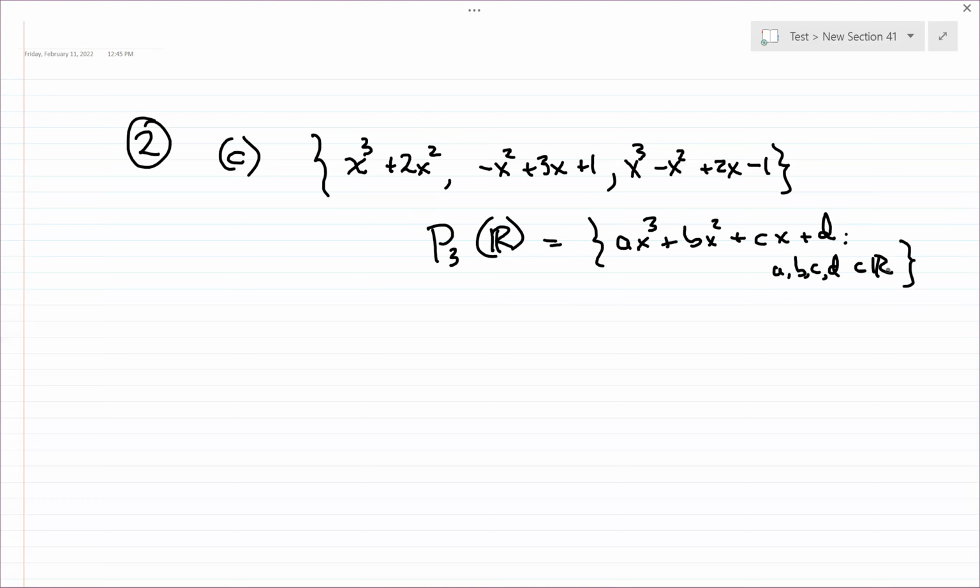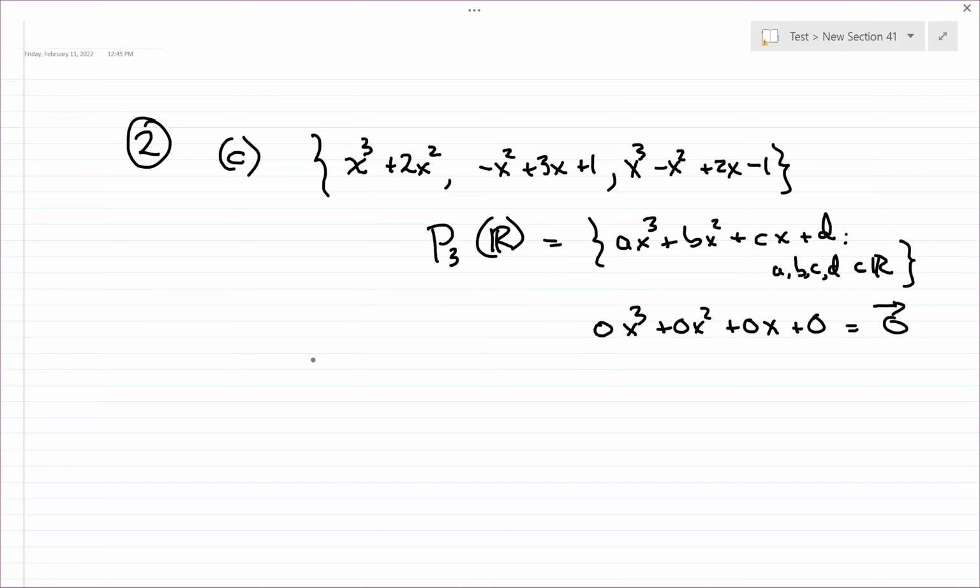Now, what is the 0 polynomial? The 0 polynomial is this guy, 0x to the third plus 0x squared plus 0x plus 0. That's the 0 polynomial. I'll put a vector. That's the 0 vector here.